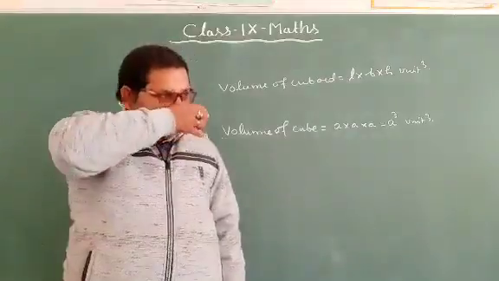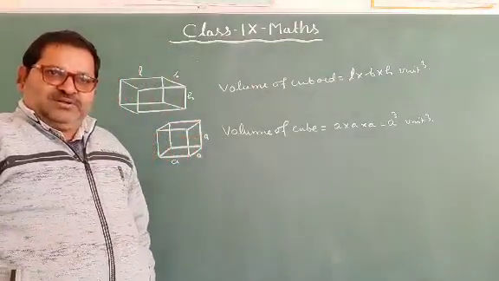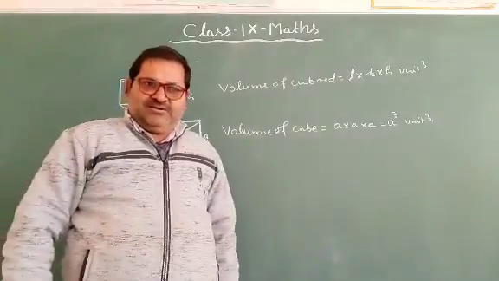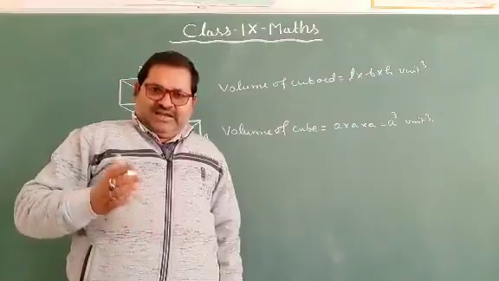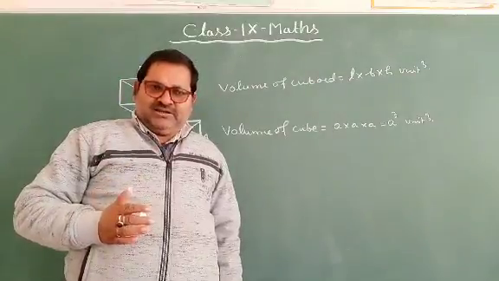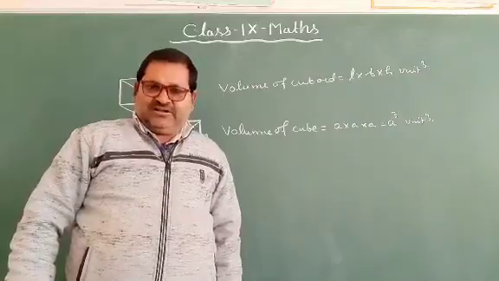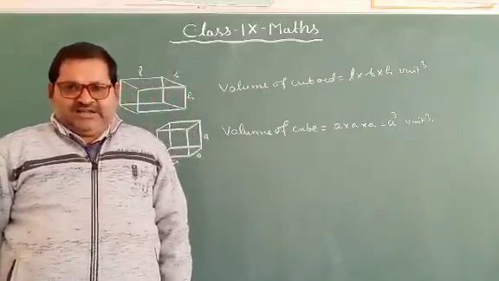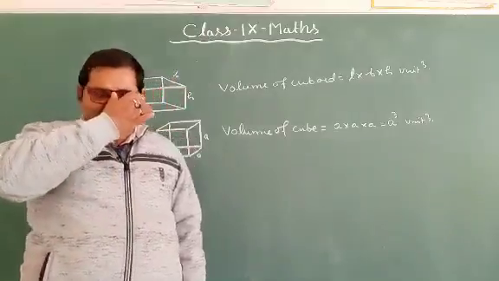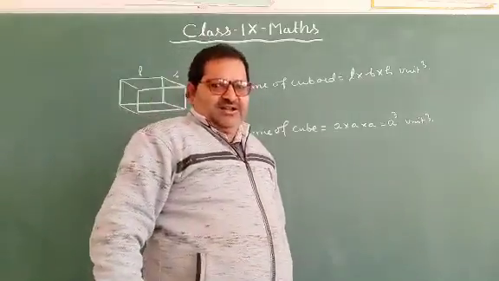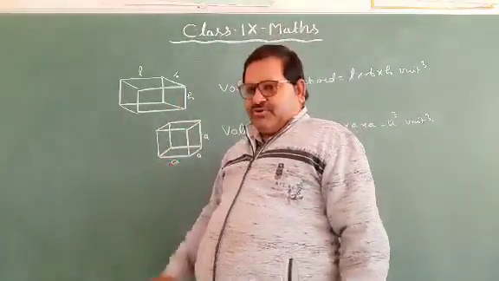Now the cuboid and the cube have 6 faces, 8 vertices and 12 edges. That figure is a three-dimensional figure. So a three-dimensional figure cannot be easily drawn on a two-dimensional board.